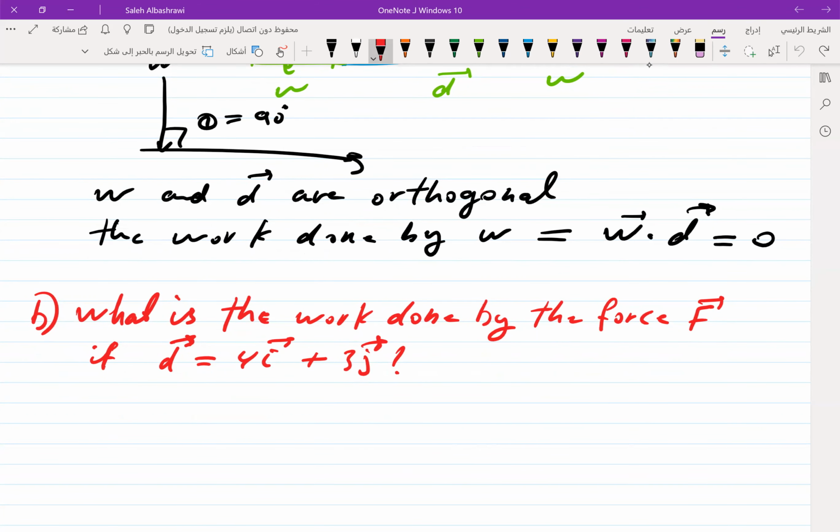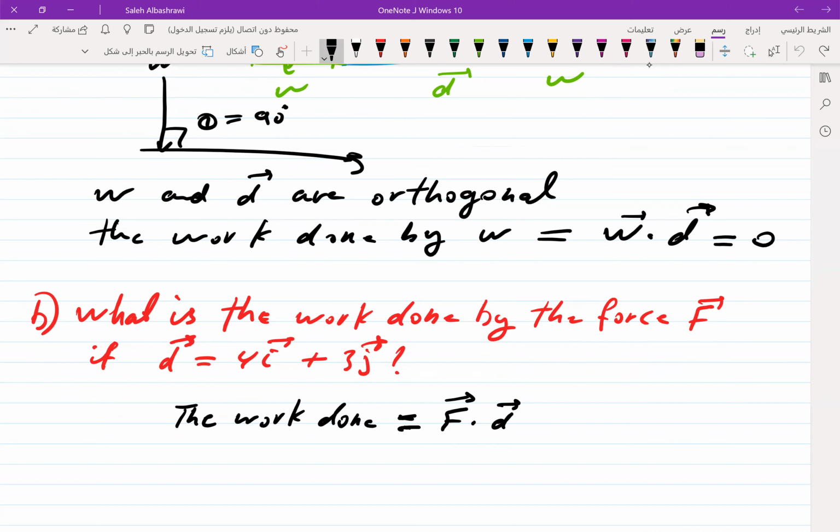In this case, the work done is equal to F dot D. But we don't have the vector F, we have the magnitude of F.